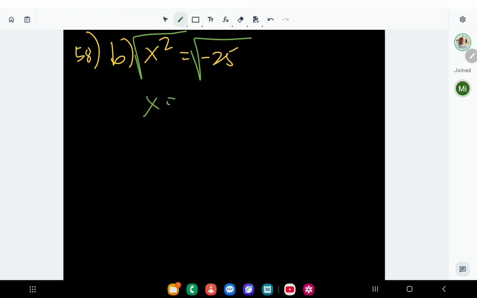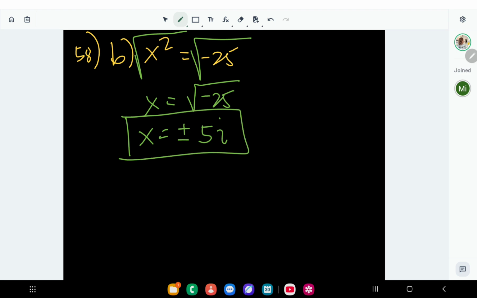So this is x equals the square root of negative 25, which is equal to plus minus 5i, because square root of 25 is 5, right? So the values of x are positive 5i and negative 5i.